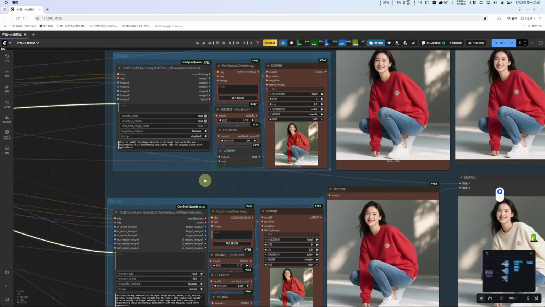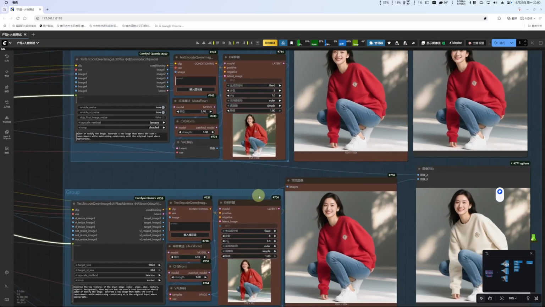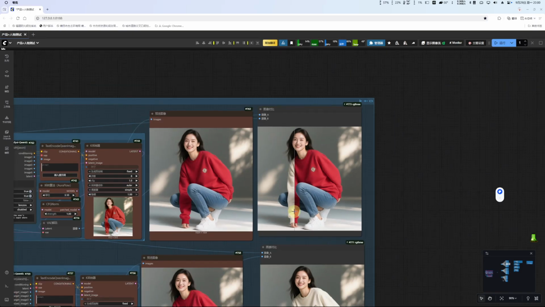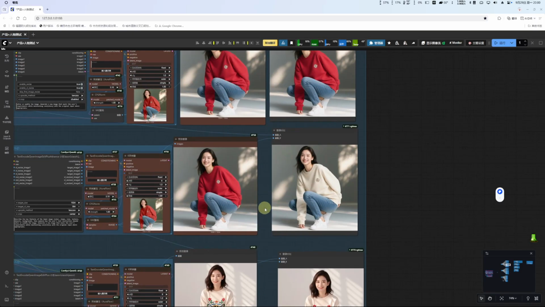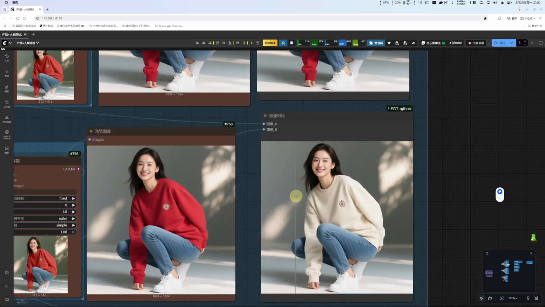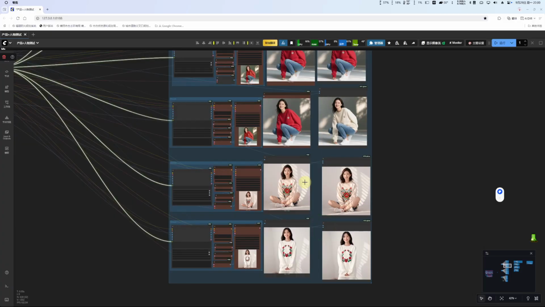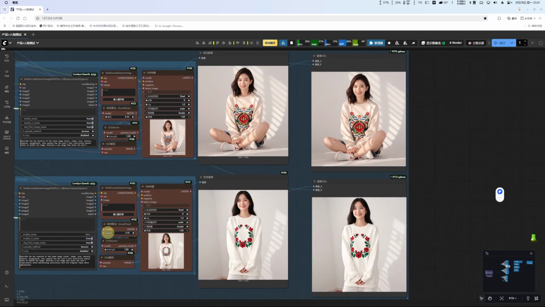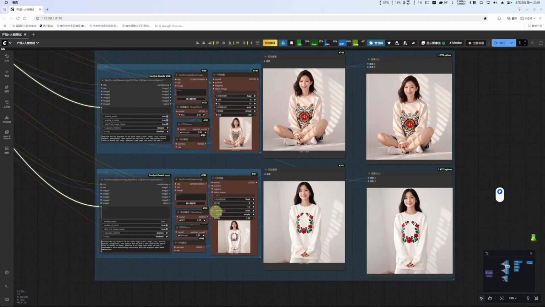First, let's look at the situation after adding the LoRA to the new and old nodes. You can see it is actually the same as without the LoRA. After we add the LoRA, there is not much increase for simple operations.